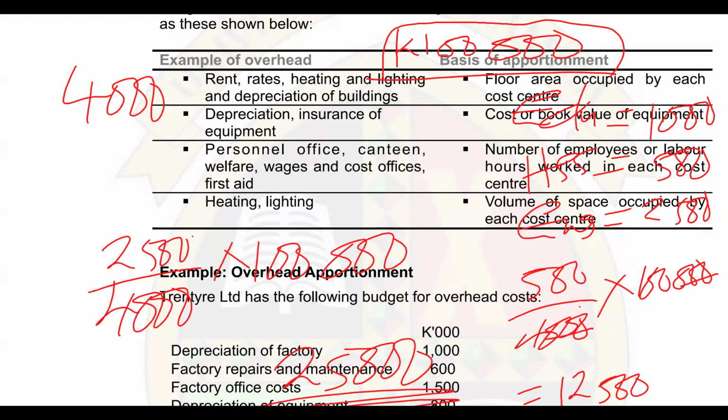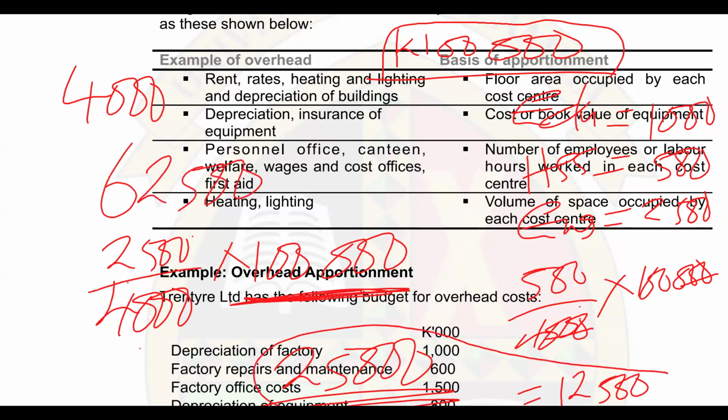How much are they supposed to contribute? 62,500. So when you add these three, they should give you 100,000. That is how they would share the rent.